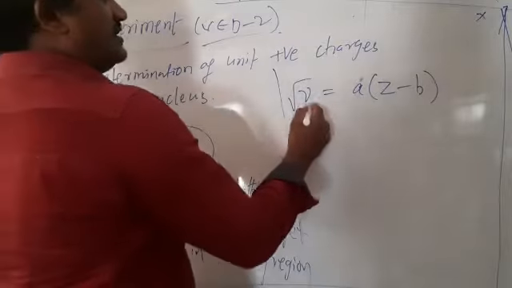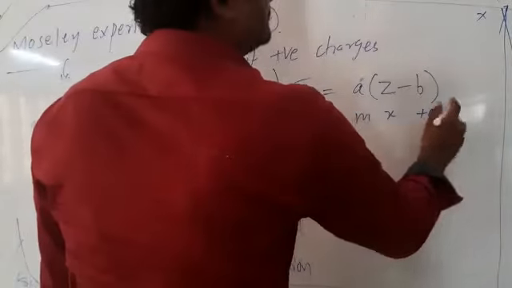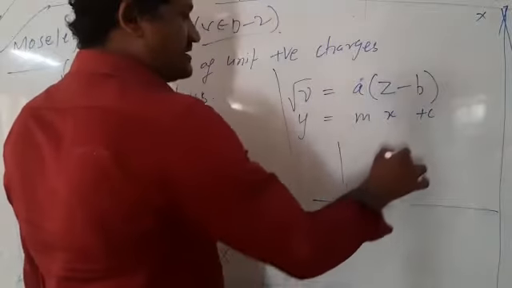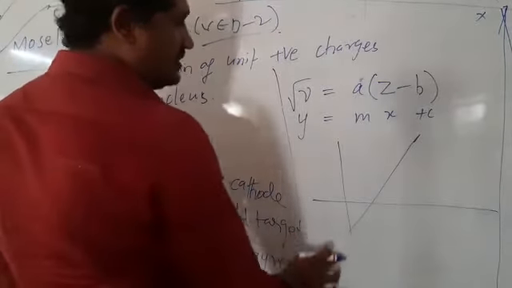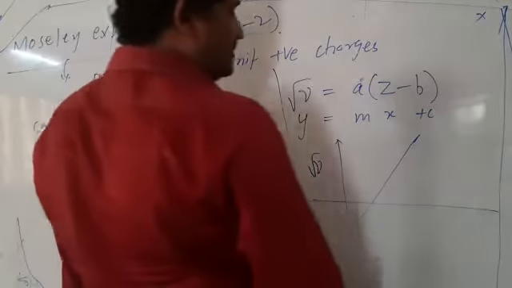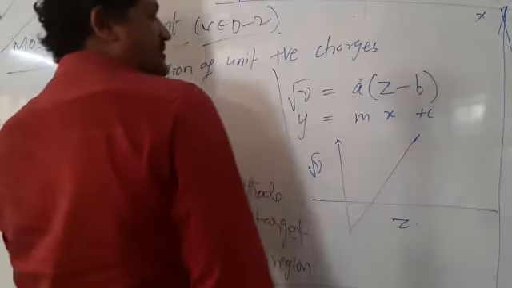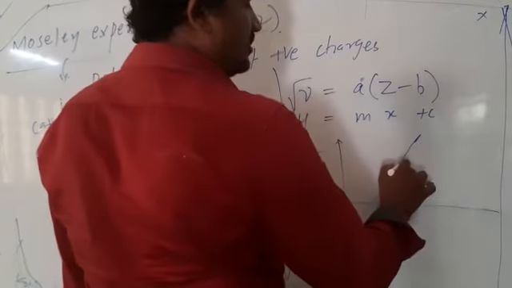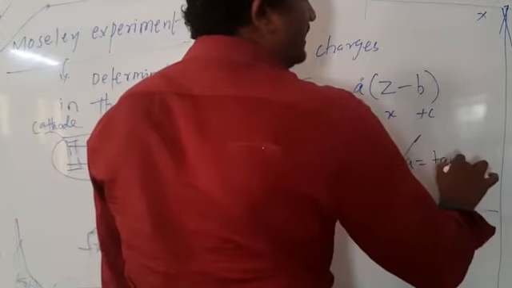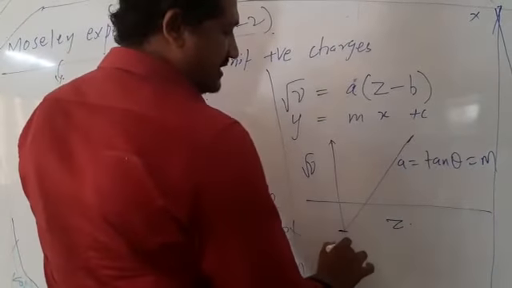So this looks like the y equals mx plus c form. If you take it like this, on the y axis we are taking frequency, and on the x axis we are taking Z, the atomic number. The slope m equals a, equal to tan theta, and here b is the intercept.